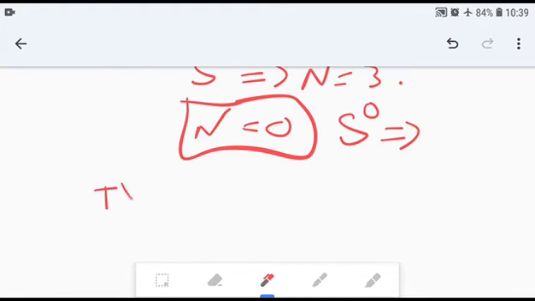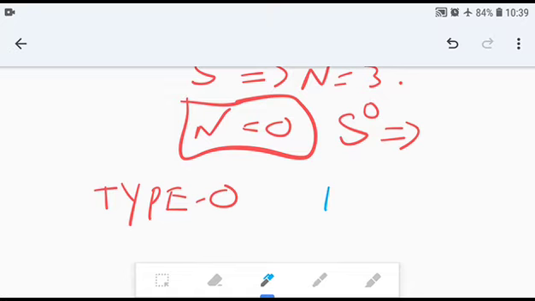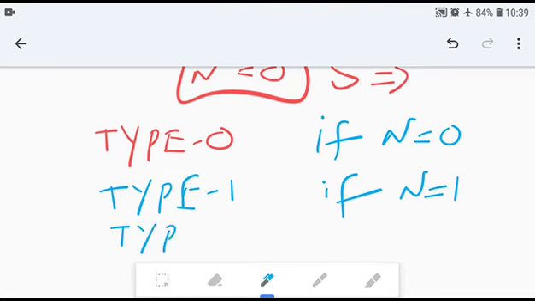So we have type 0 if N equal to 0, and like that we can write type 1 if N equal to 1, similarly type 2 if N equal to 2, and so on.